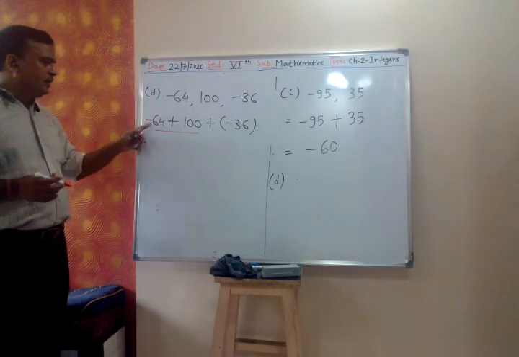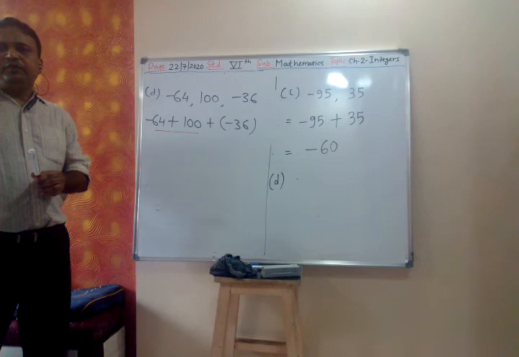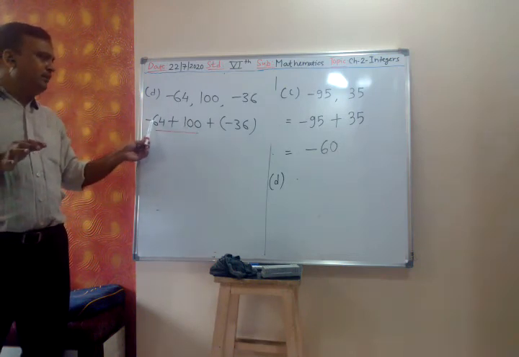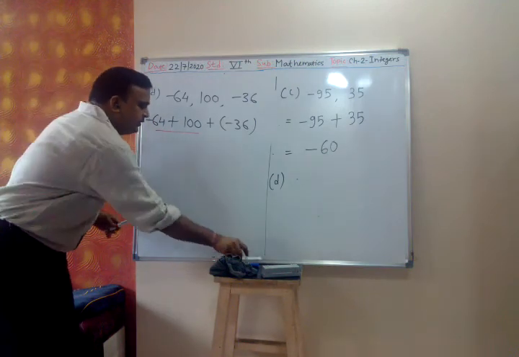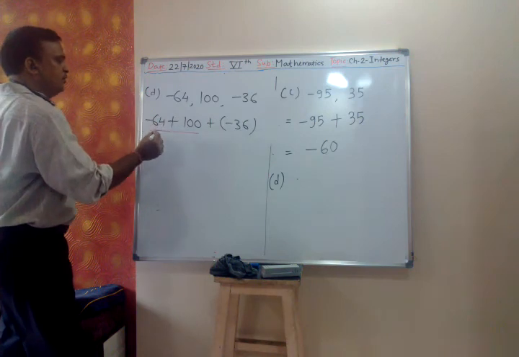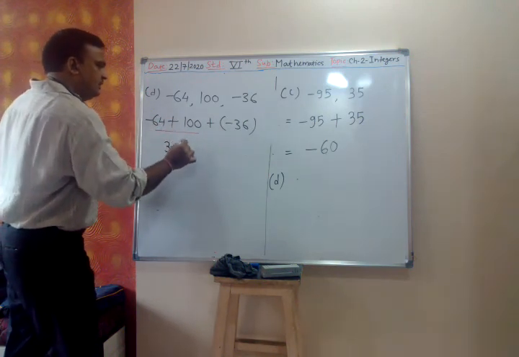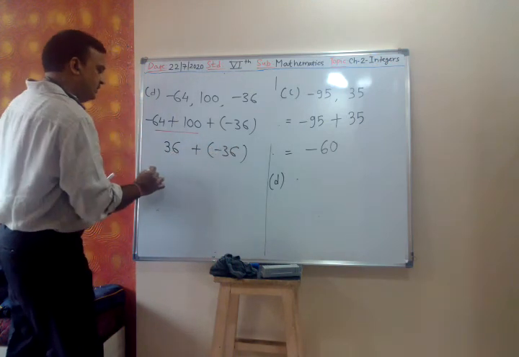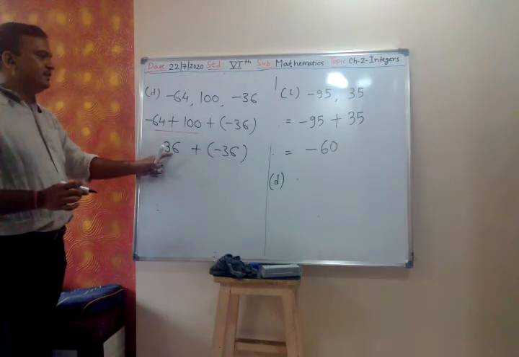First we simplify. What is sign of 64? Minus. What is sign of 100? Plus. They have opposite sign. You have to subtract and take the sign of bigger number. So 100 minus 64 is 36. Minus 64 plus 100 is plus 36.